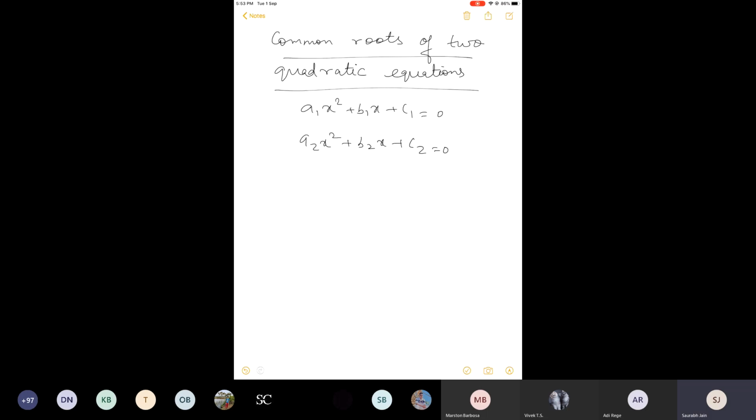So what we are going to study is two types, and as the name says, common roots. Type 1, or case 1, or one situation, is when both equations have one root common.